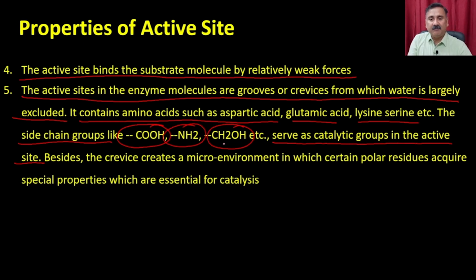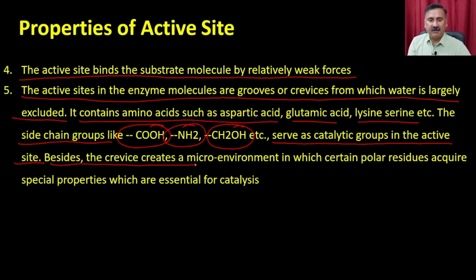They are very active, acting either as an electrophile or a nucleophile, and that's how they facilitate the breakage as well as the formation of bonds. Besides, the surroundings create a microenvironment in which certain polar residues acquire special properties which are essential for the catalytic site.